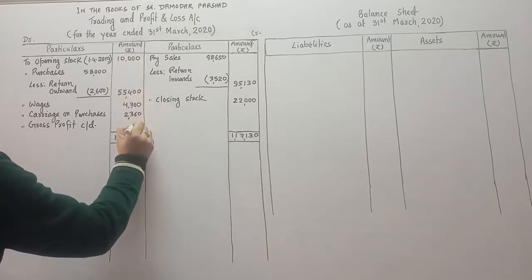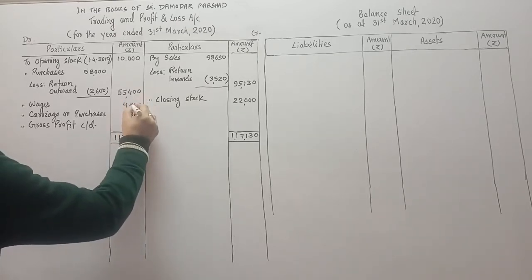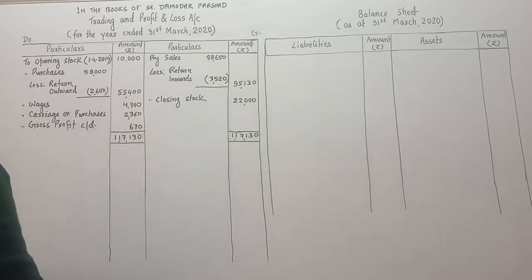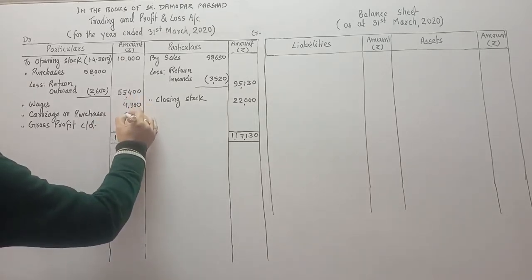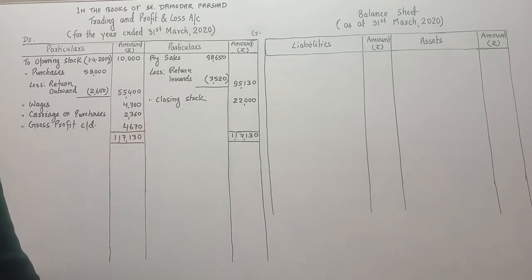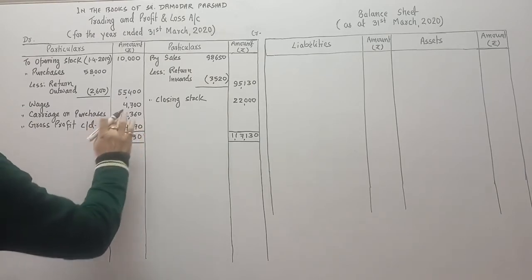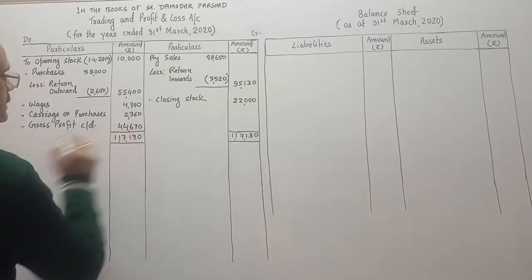Now we find the difference. 44,670 is the gross profit.